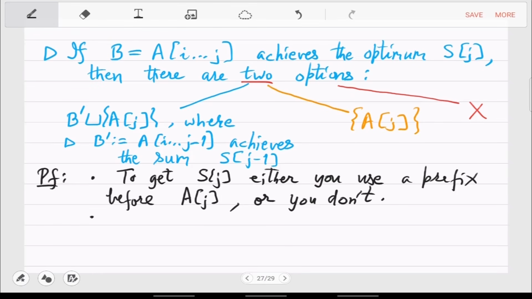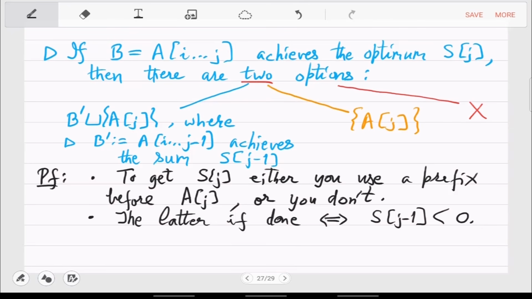So the latter is done if and only if Sj minus 1 is negative. That's the proof. Okay. So you have only two options, either to use some prefix or not.